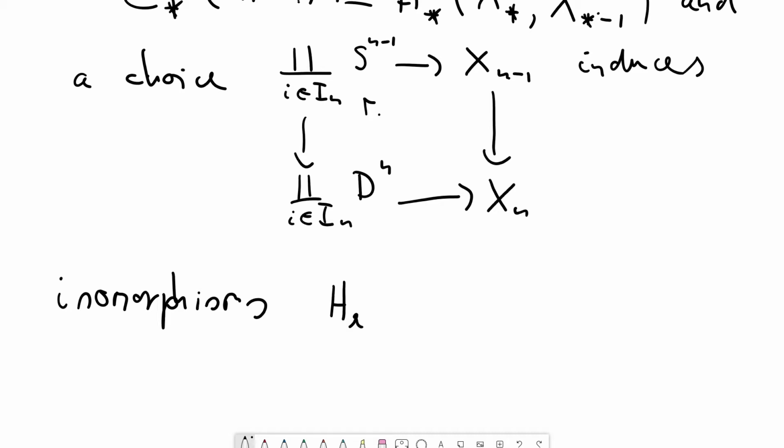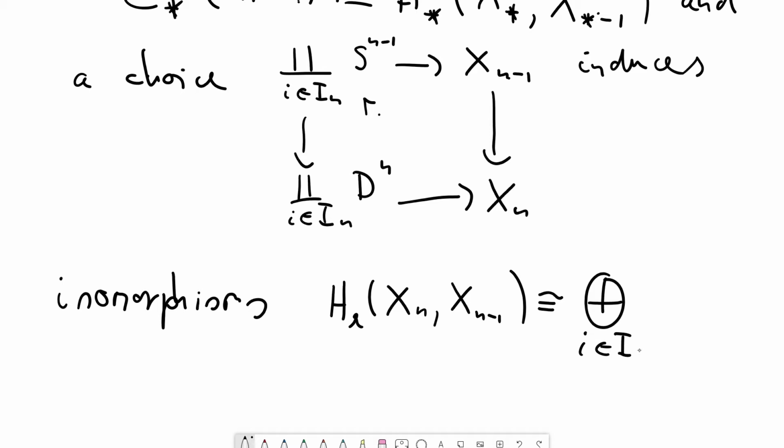Well, from this, actually not only in the degree n, but we found this isomorphism for every index k here, so it induces an isomorphism of the kth homology of the n skeleton relative to the n-1 skeleton with this direct sum, one summand for each n cell in the CW complex, and then here we had the group H_{k-1} of the point.